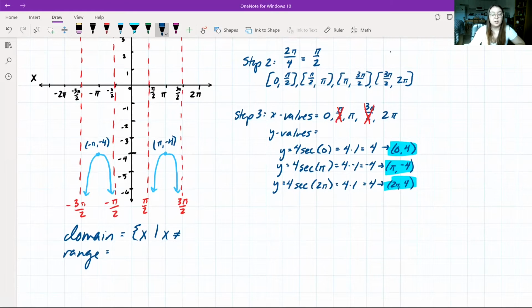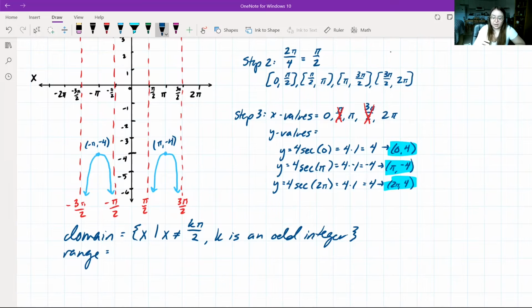We're seeing 1, 3, if we continue, we see 5, 7, 9, 11, and so on. So x cannot be equal to k pi over 2, where k is an odd integer. So that would be our set builder notation stating our domain. We know that x can exist everywhere except for k pi over 2, where k is that odd integer.